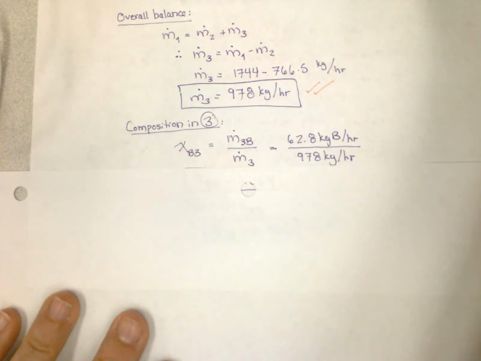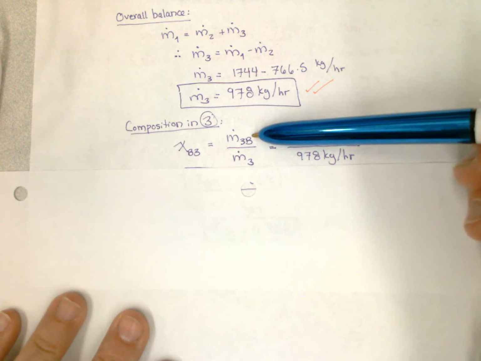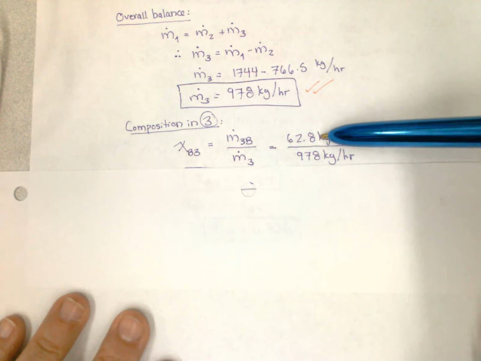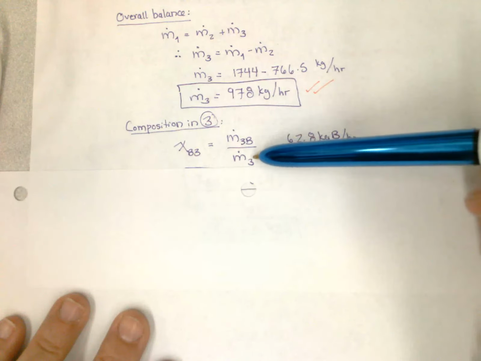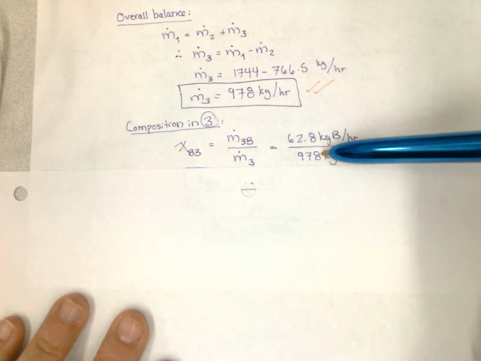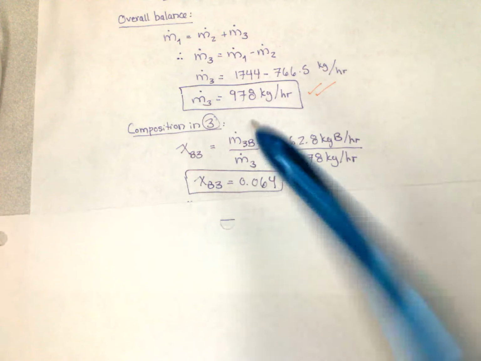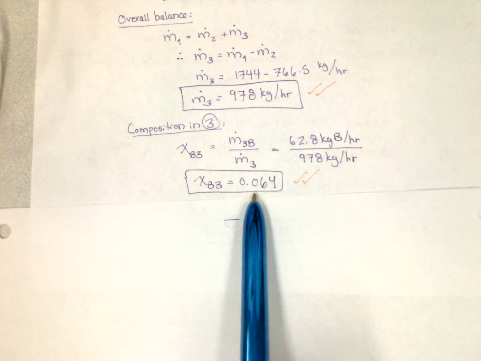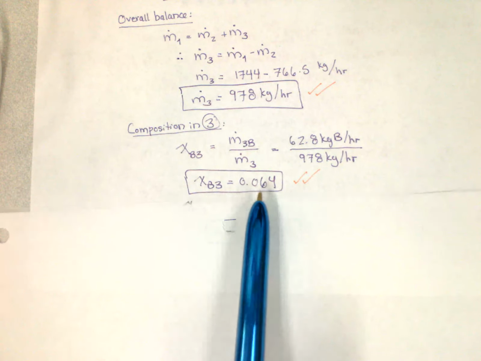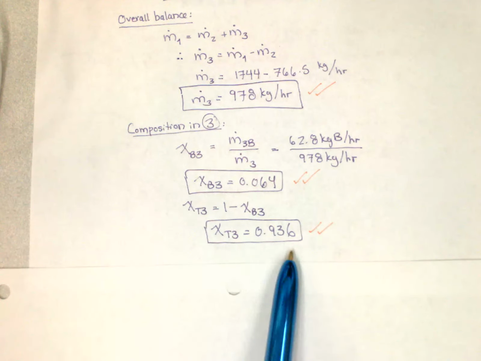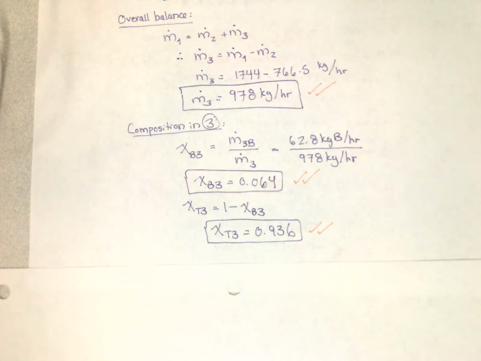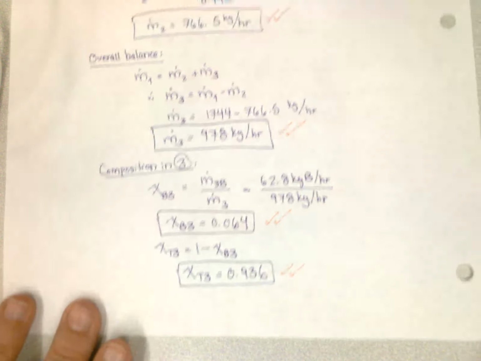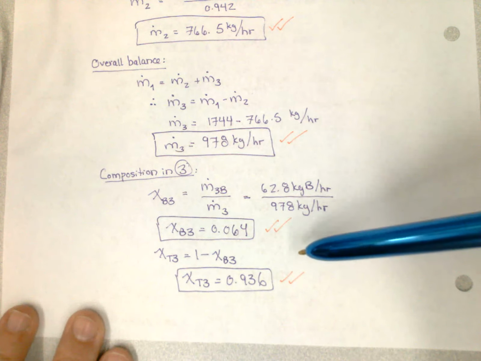We now know that the mass in 3B was equal to that 62.8. We just found M3 as 978, so we now know that the composition in stream 3 is only 6.4% benzene, which means that toluene is 93.6% of that final stream. Those are all 4 numbers that we needed to solve for.